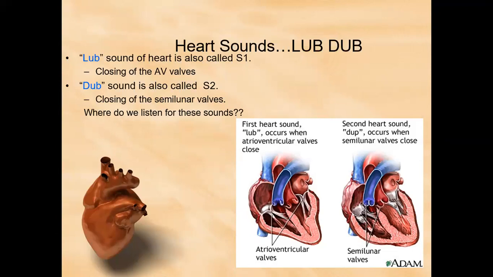So when you say this animal has a heart murmur, it doesn't tell you anything other than there's a blood pathway that is incorrect. Then we've got to figure out what valve is associated with it and to what degree. And that's why you can have a first degree heart murmur, second degree heart murmur, all the way up to a fourth degree heart murmur.